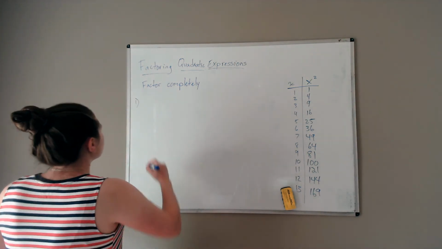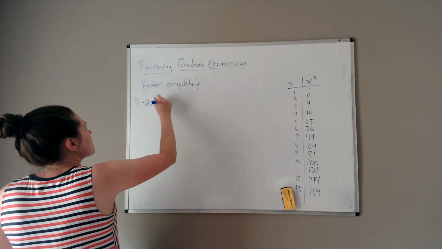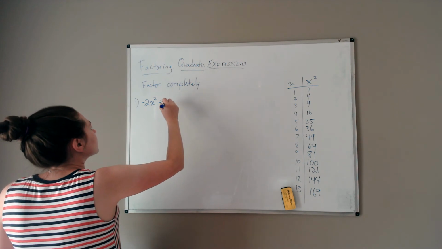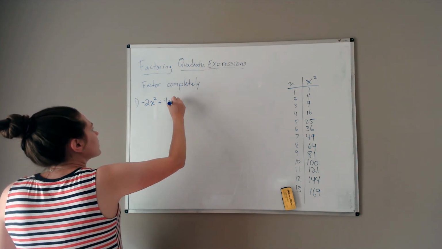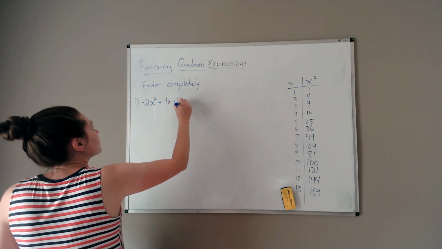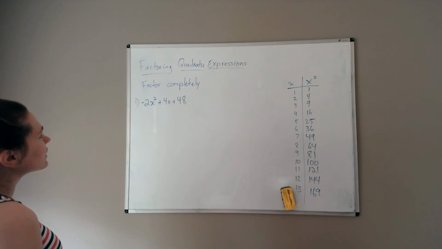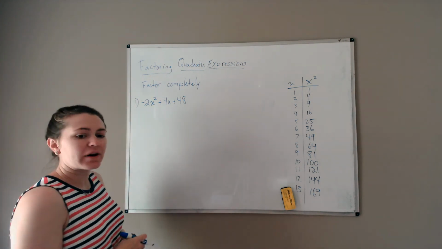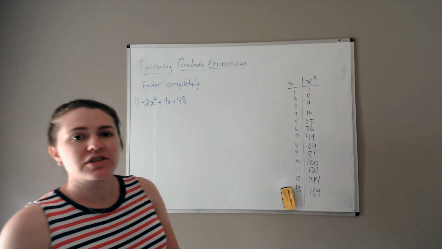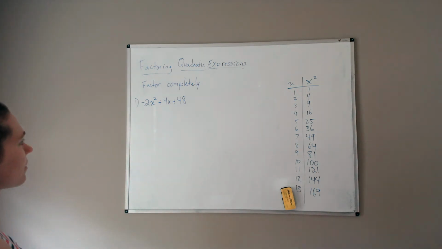So let's do negative 2x squared plus 4x plus 48, okay? So my first piece that I look for when I factor completely is, does this have a greatest common factor, okay? And yes, this does have a greatest common factor.